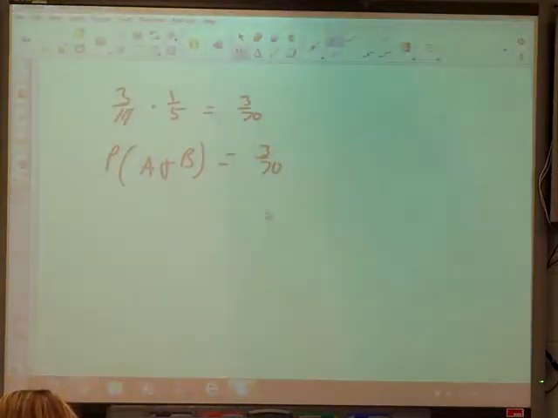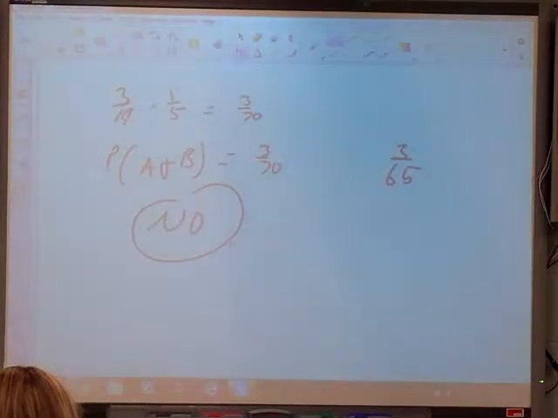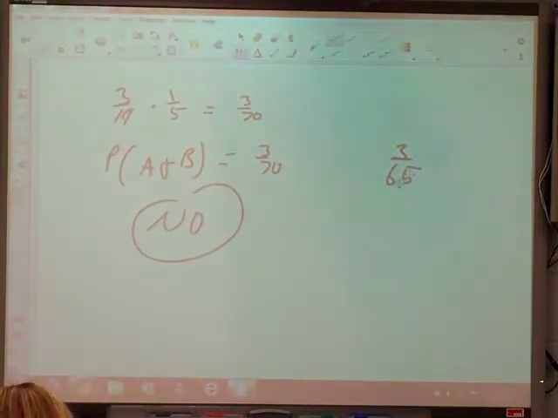But they told me that the probability is 3 out of 65. So that means it's not the same. 3 out of 70 is not the same as 3 out of 65. So no, they are not independent. If it were yes, what I got when I multiplied would have been the same as what they told me.